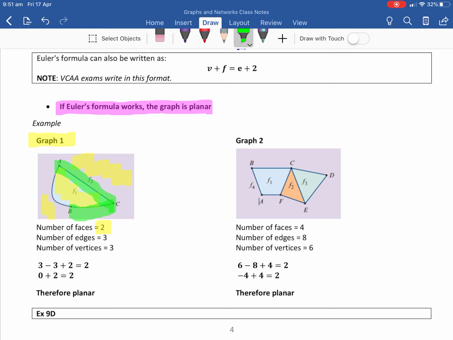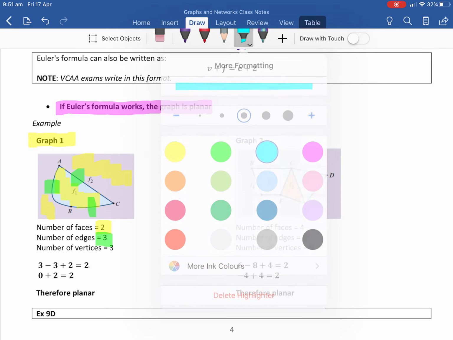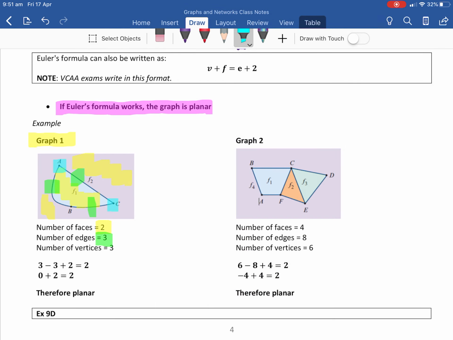We've got 1, 2, 3 edges. And the vertices, we've got 1, 2, 3 vertices. Now you put that into your formula.